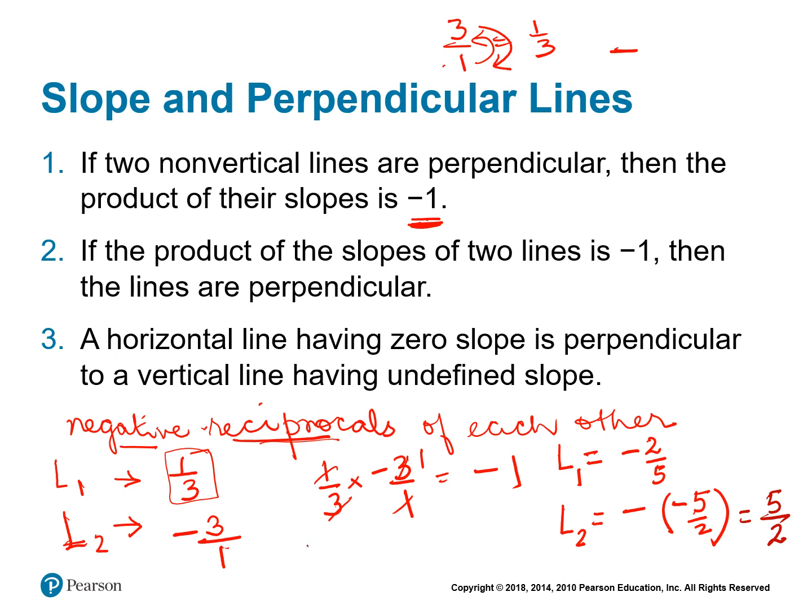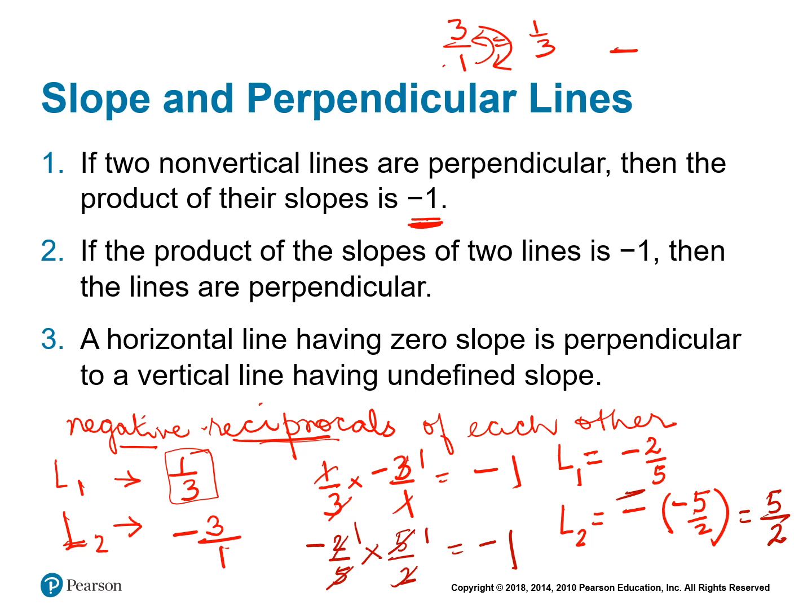So I'm going to take -2/5, which is the slope of the first line, and multiply that by the slope of the second line we just found, which is +5/2. So 5 and 5 divide, 2 and 2 divide, and we are left with -1 times 1, which is -1. So that's how we check the slopes of perpendicular lines.